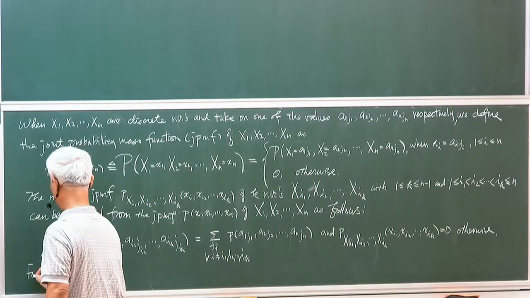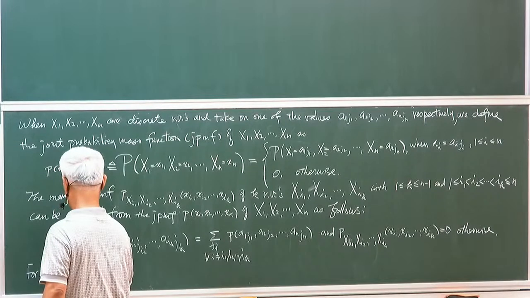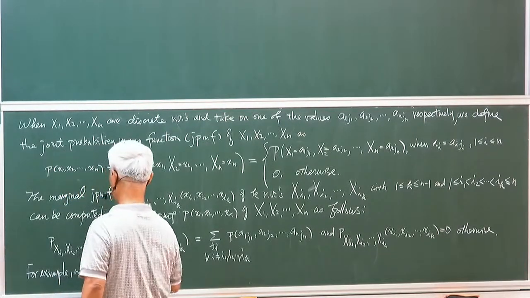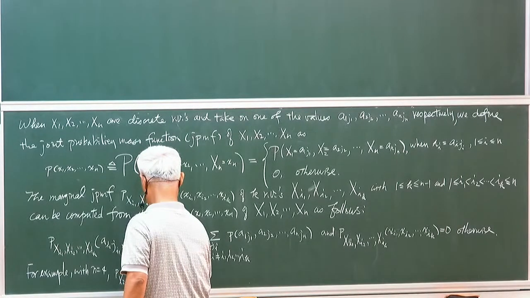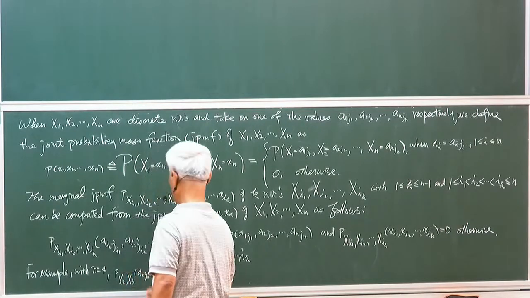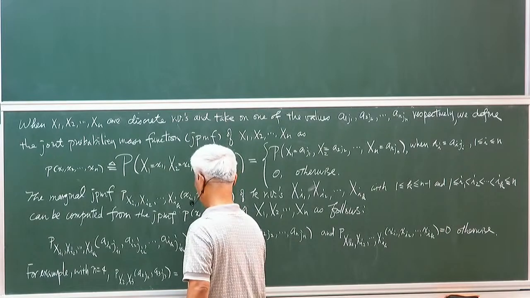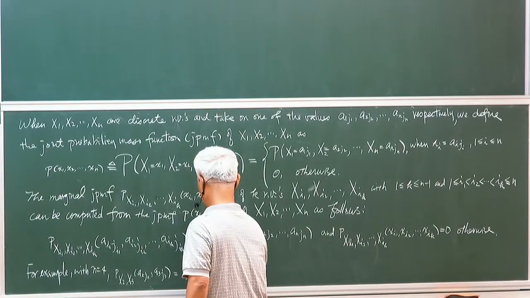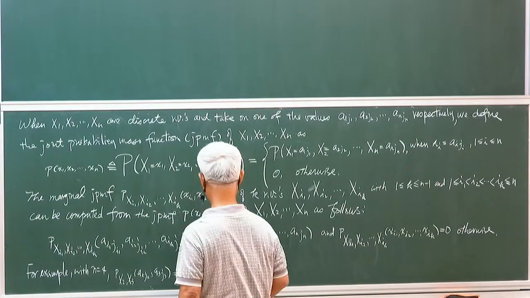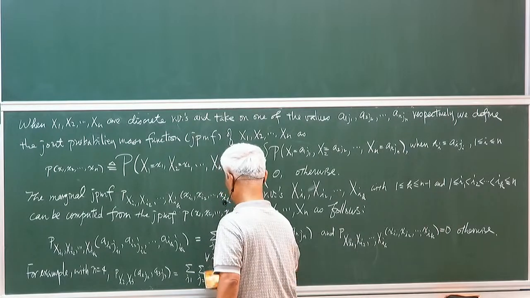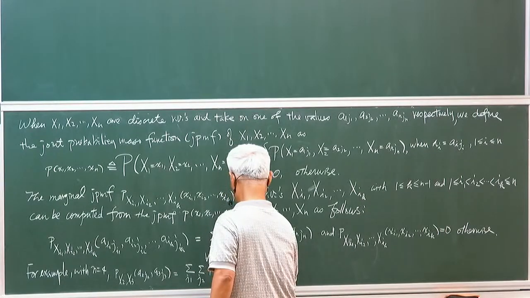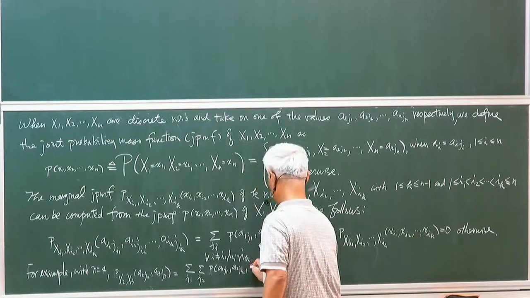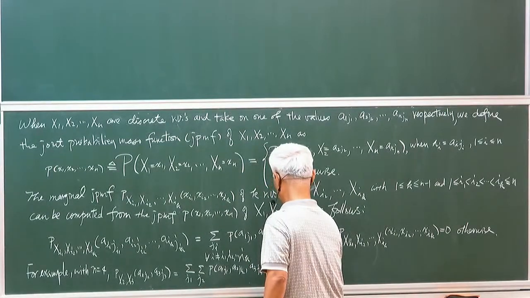Right. So for example, with n equal to 4, little p of x2, x3 at A2J2, A3J3, okay, would be equal to the summation over j1, summation over j4 of little p of A1J1, A2J2, A3J3, A4J4.